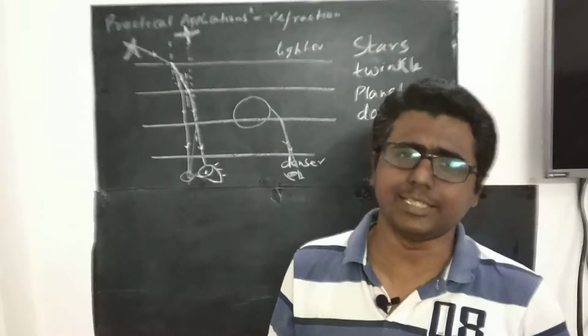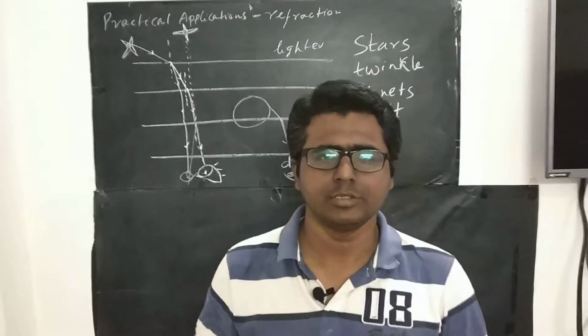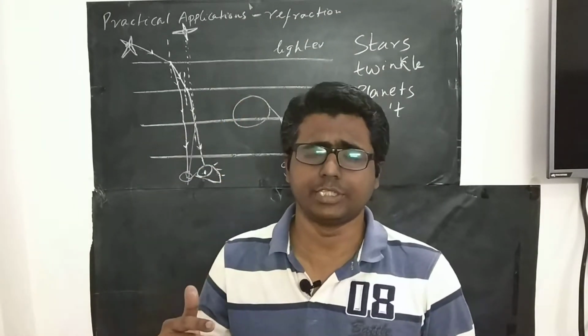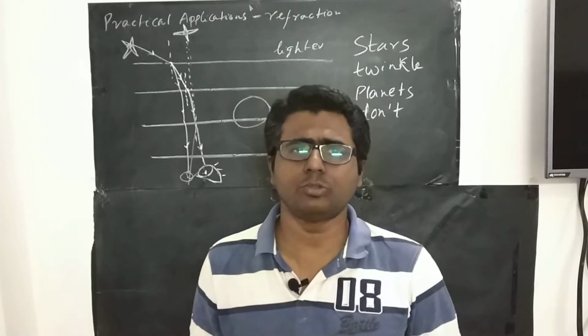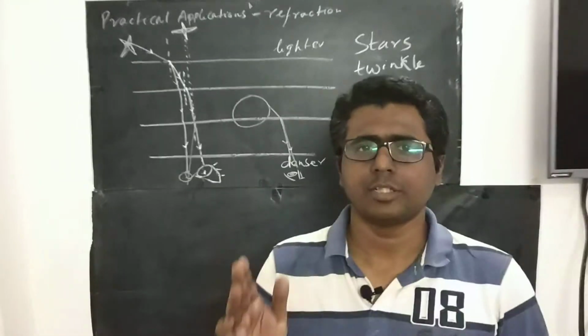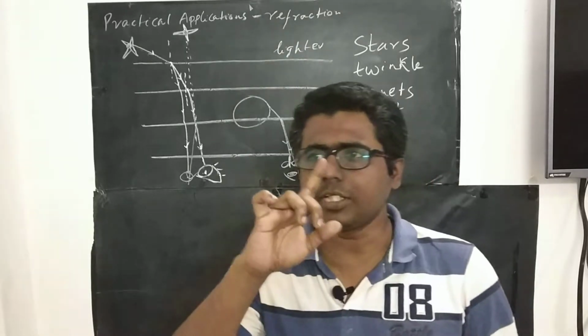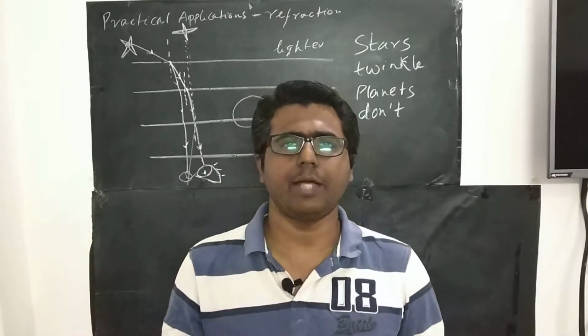As the optical densities of the atmosphere change, the layers of atmosphere change, so it will go in a different direction. And as soon as it goes in a different direction, the light ray coming is falling outside my eyesight and I am not able to see.